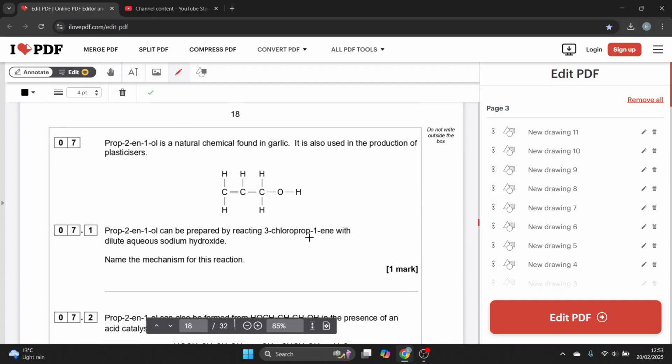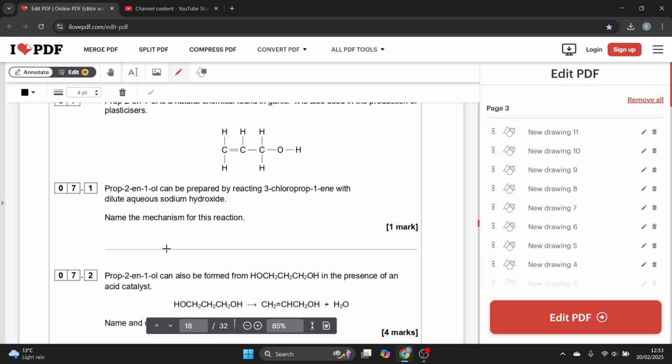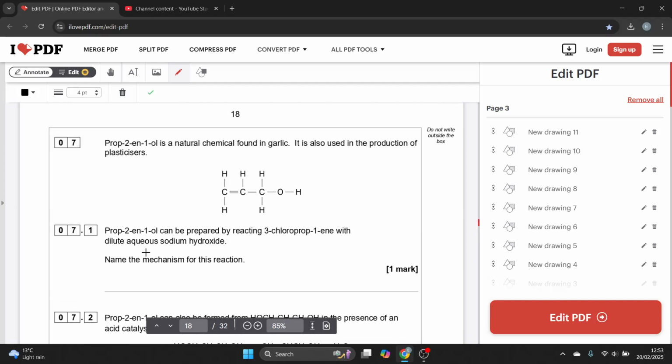Then it says, name the mechanism for reaction. Prop-2-en-1-ol can be prepared by reacting an alkene with dilute aqueous sodium hydroxide. Wait, what? Prop-2-en-1-ol is made by reacting 3-chloropropene with dilute aqueous sodium hydroxide.